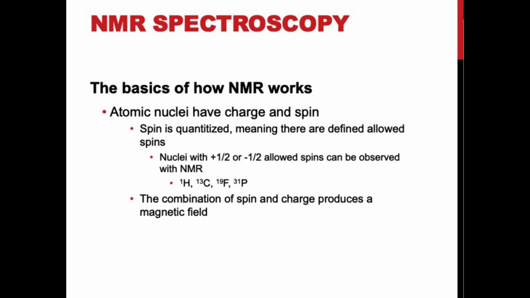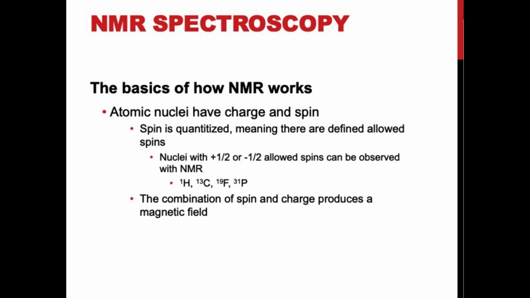So that gives us 1H, the carbon-13 isotope. So most carbon is carbon-12, but the carbon-13 isotope can be seen in the NMR. Fluorine-19 and phosphorus-31. So if you remember some physics, a spin plus a charge produces a magnetic field.